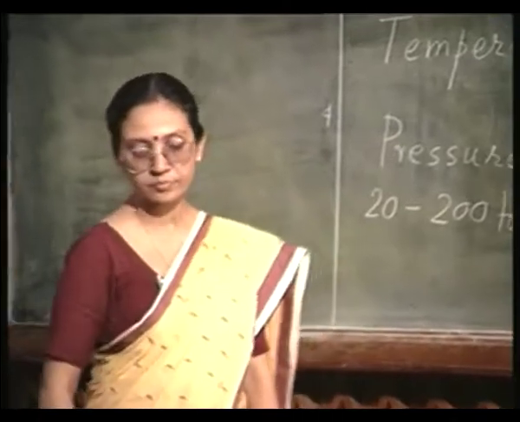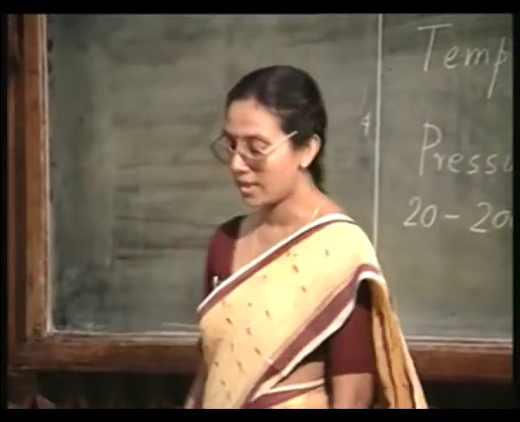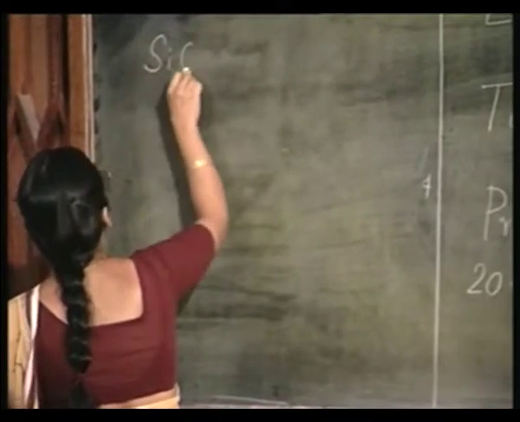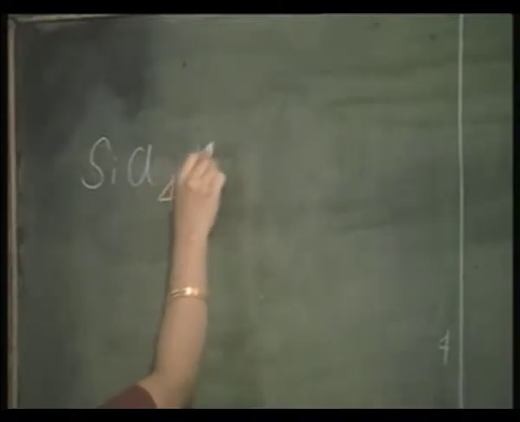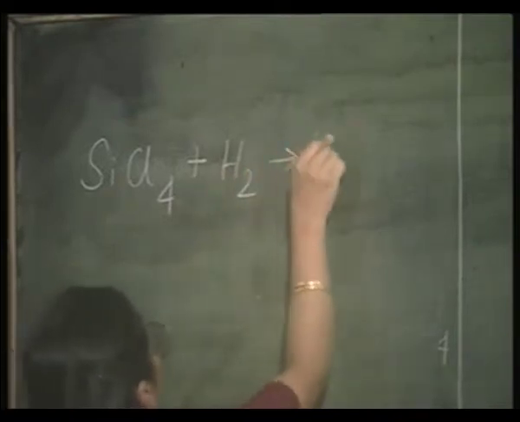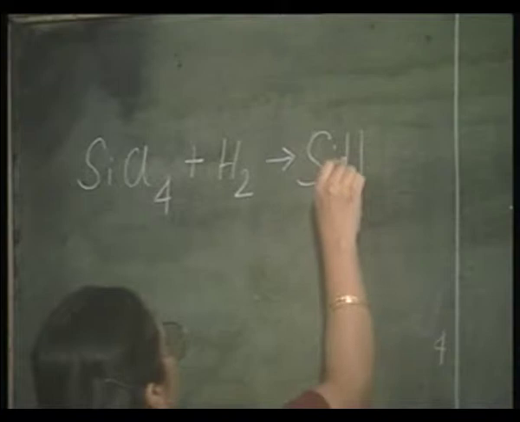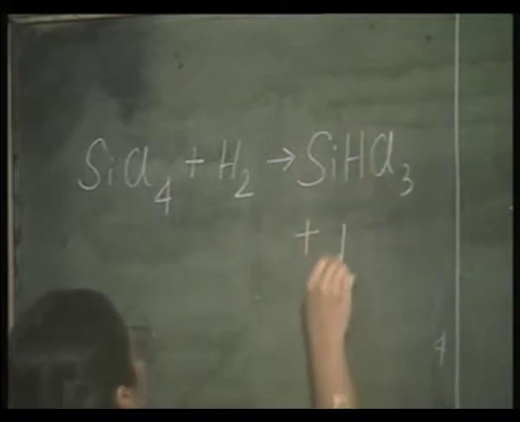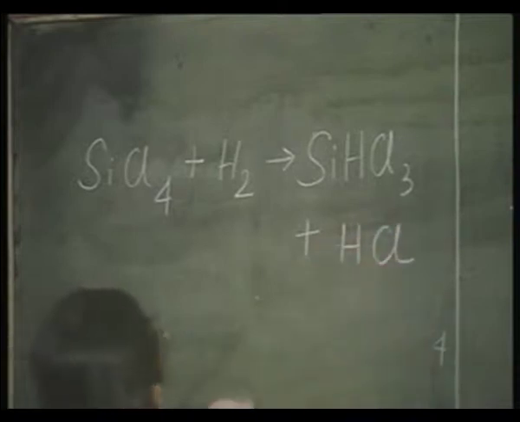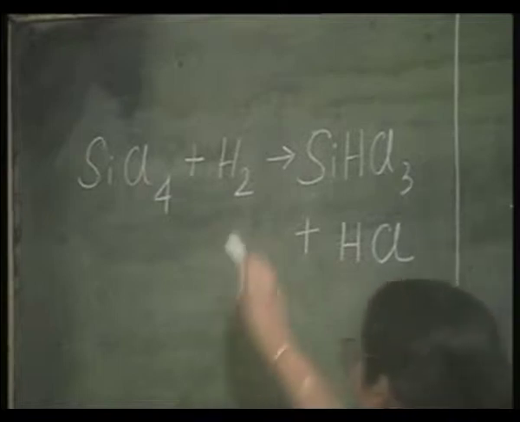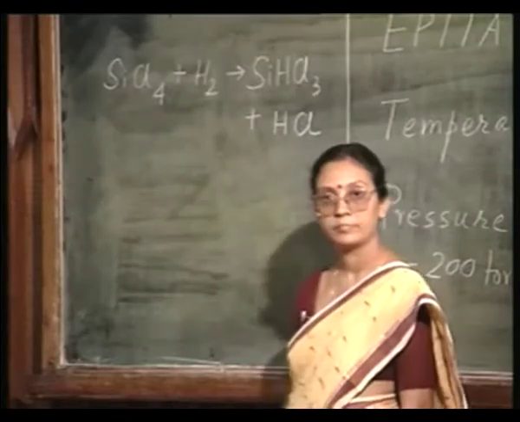So, like I said, the basic reaction can be something like, so you have formed a trichlorosilane, SiHCl3.